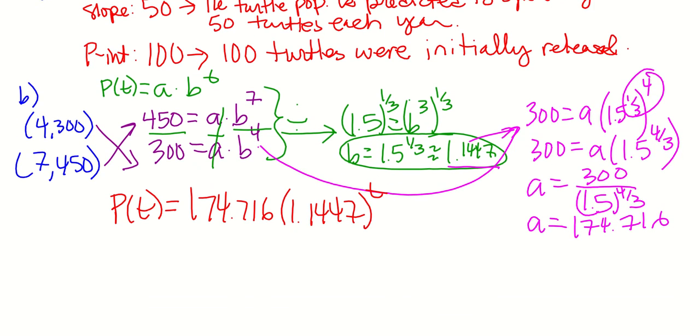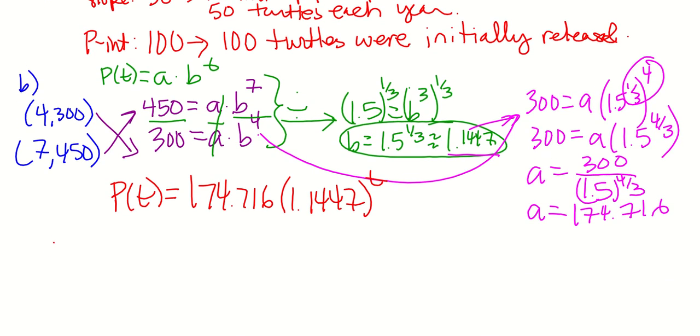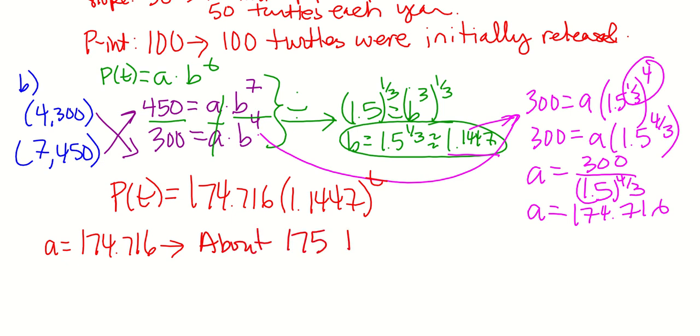So if I come in here and I interpret my values, my parameters were A, which was 174.716, and that would tell me that about 175 turtles were initially released.